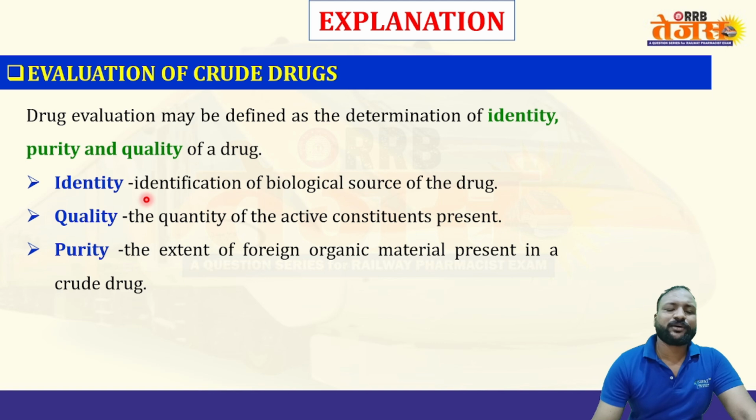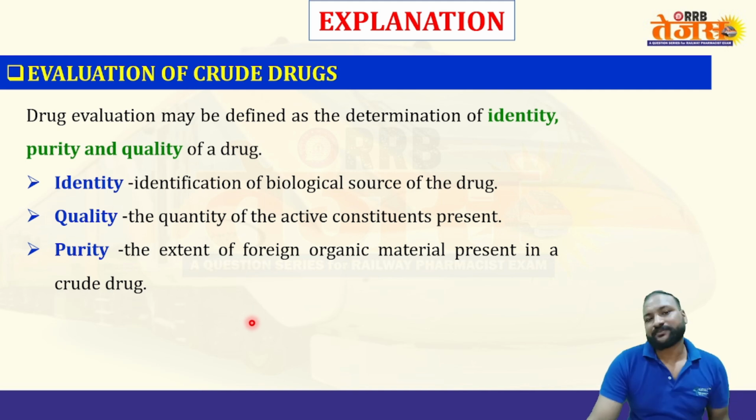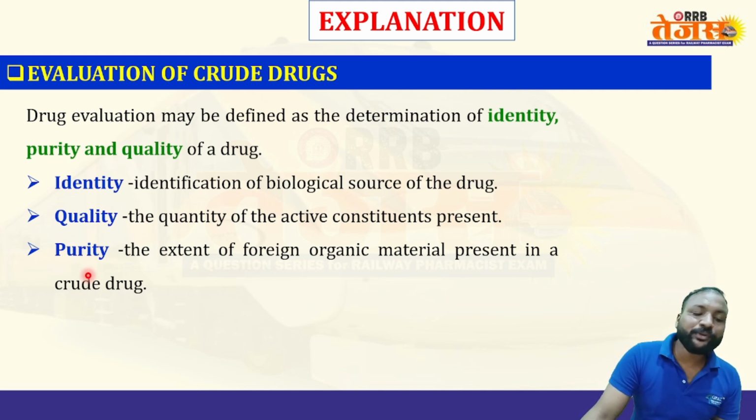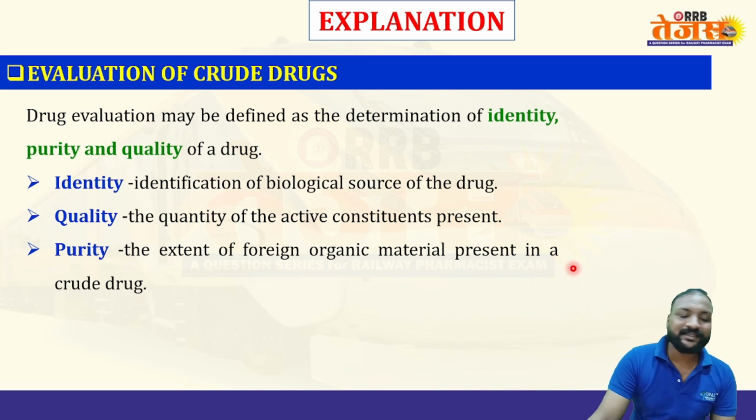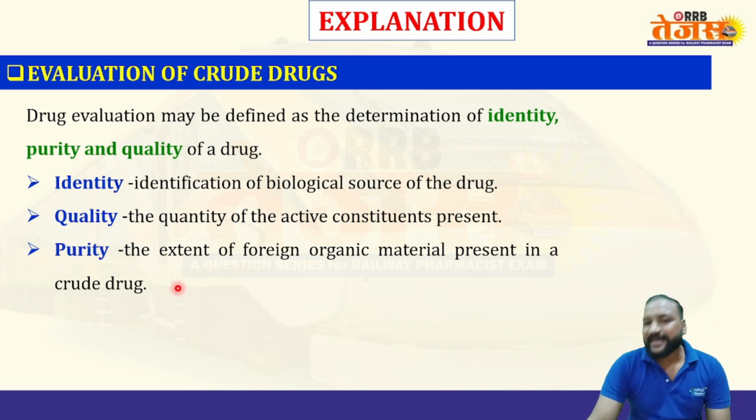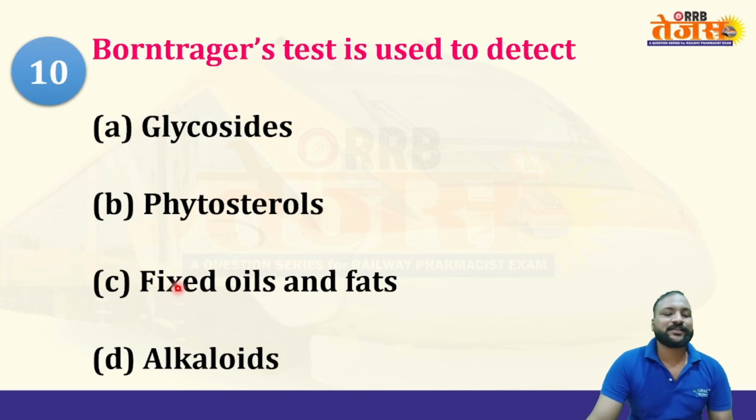Whereas identity stands for identification of the biological source of the drug, that is important for evaluation. Quality is the quantity of active constituents present, because the higher the quality, the higher the therapeutic index. Okay, and purity is the extent of foreign organic matter present. So based on the purity, we can assess the quality. Clear? Yes.